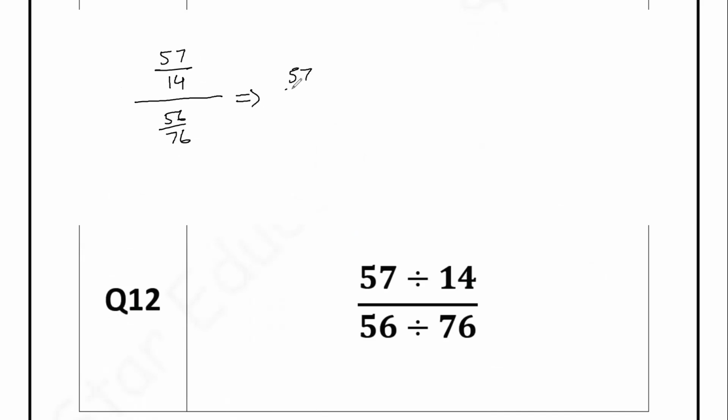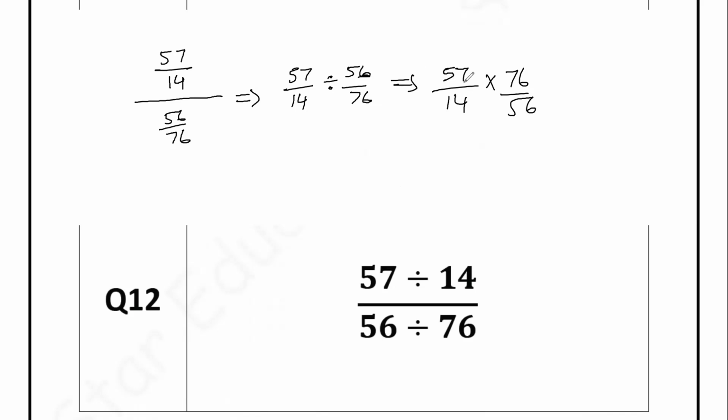Now 57 over 14 divided by 56 over 76. Further simplified, flip it. So that is 76 over 56.